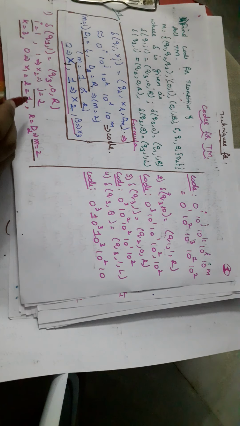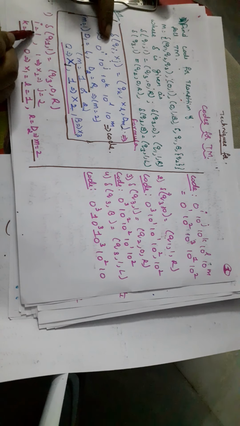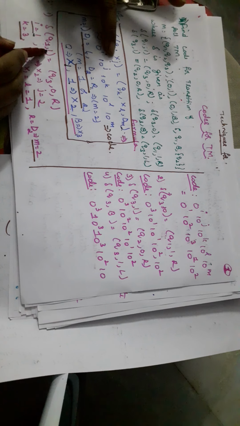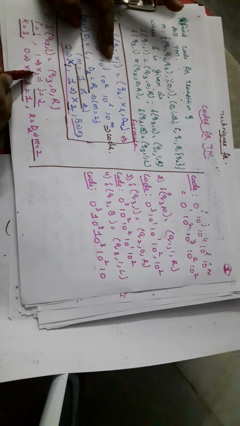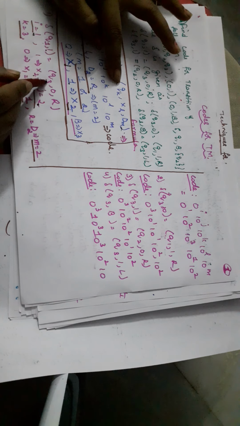Now let us consider the first one. First transition, delta of q1, 1 equals q3, 0, R. Now we are going to compare with these. I equal to 1, since Qi is q1. Here it is given as 1, and 1 is equal to x2, so Xj is equal to x2, that means j equal to 2. Then Qk is given as q3, that means k is equal to 3.